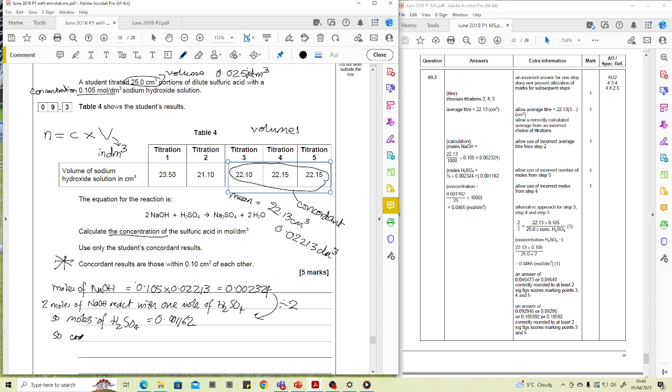So concentration of H2SO4 equals moles divided by volume.